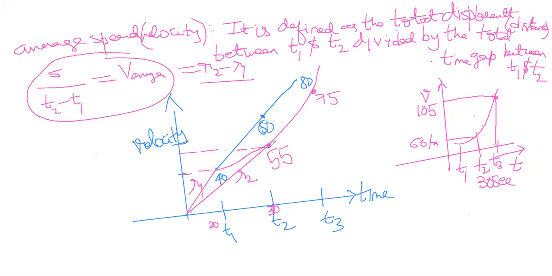R2 means from here to here, from 0, if you draw a straight line, that is your R2, and this is your R1. Clear? In Cengage they wrote R2 minus R1 by T2 minus T1. Understood that?